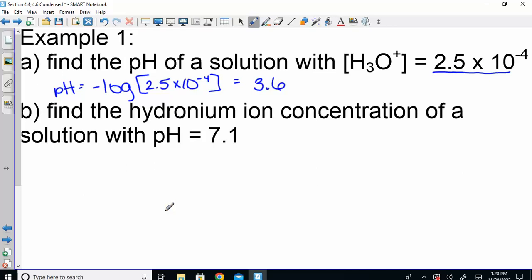Part B, I'm flipping it around. This time I'm giving you the pH and I'm asking you to find the H3O+. So the pH, 7.1, equals a negative log.